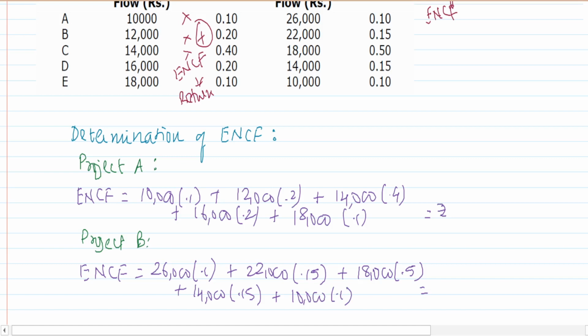10,000 into 0.1, press M plus. 12,000 into 0.2, M plus. 14,000 into 0.4, M plus. 16,000 into 0.2, M plus. And 18,000 into 0.1, M plus. I'm getting 14,000.